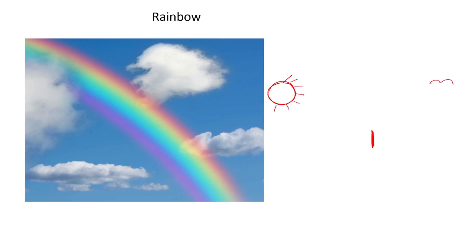And this is the cloud. There should be a cloud, and water droplets must be there. I am not talking about the normal white cloud, but the cloud which contains water droplets. The cloud must contain water droplets.